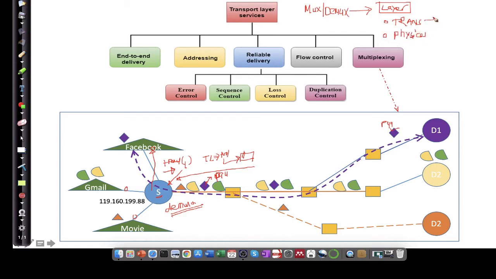In the transport layer, multiplexing and demultiplexing is done in terms of packets or segments, whereas in the physical layer, multiplexing and demultiplexing is done at the signal level.